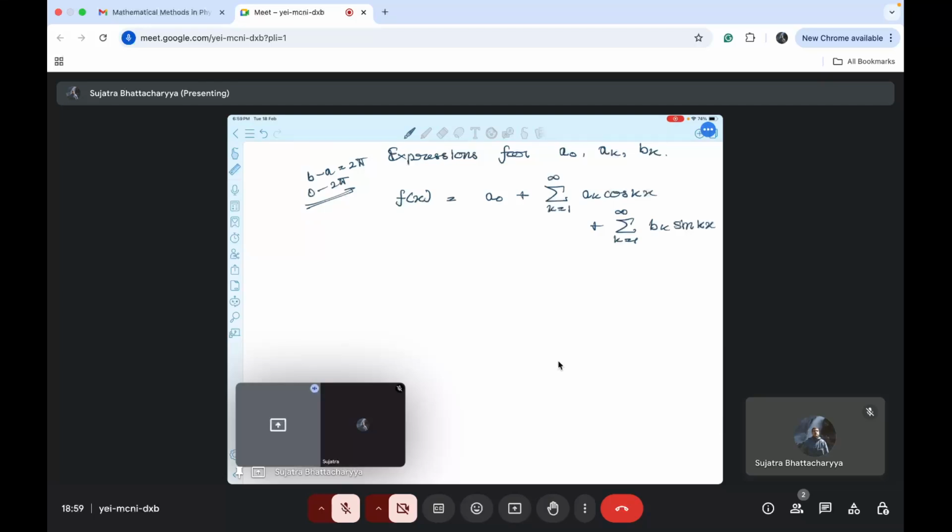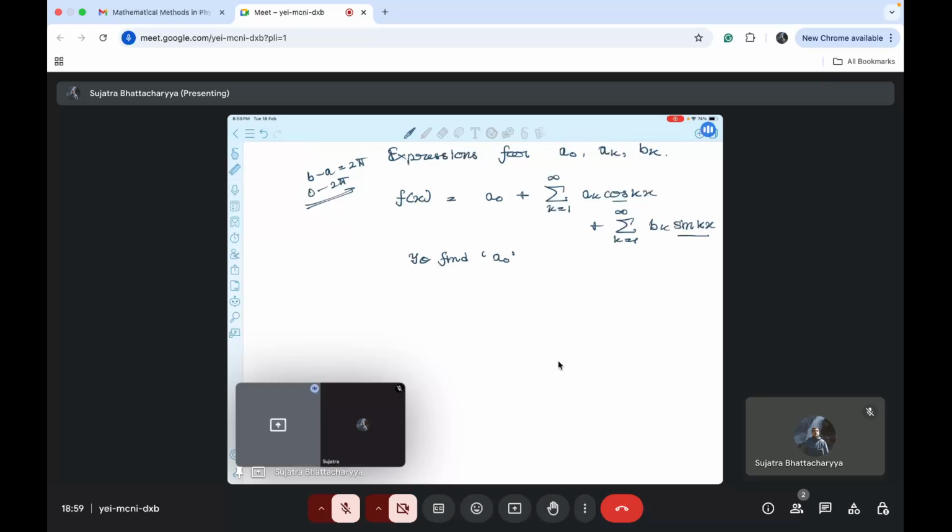Now, just look into this particular expression. Suppose we want to find a naught, what to do? If we just directly put dx and integrate from 0 to 2 pi, we get the integral of cos kx from 0 to 2 pi and sin kx from 0 to 2 pi. We know that from 0 to 2 pi, both cos and sin integrate to 0.